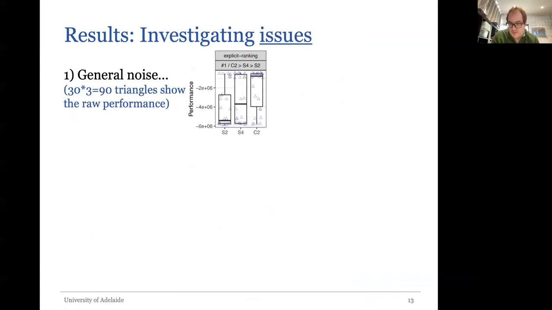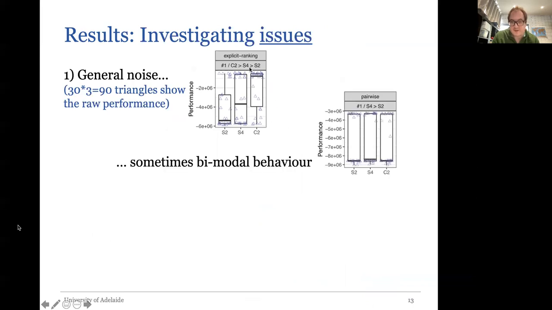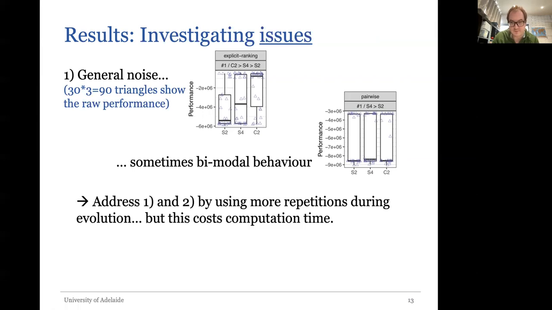Why was our success rate not 100%? Well, there was a whole lot of noise in the system, and sometimes the algorithms behaved a bit bimodally, in the sense that either they were stuck in some bad local optima or in good local optima. Depending on how often you sample them during evolution, we used 5 samples and then took the median, we ended up either getting lucky or unlucky, and this irritated the evolutionary algorithm at times.